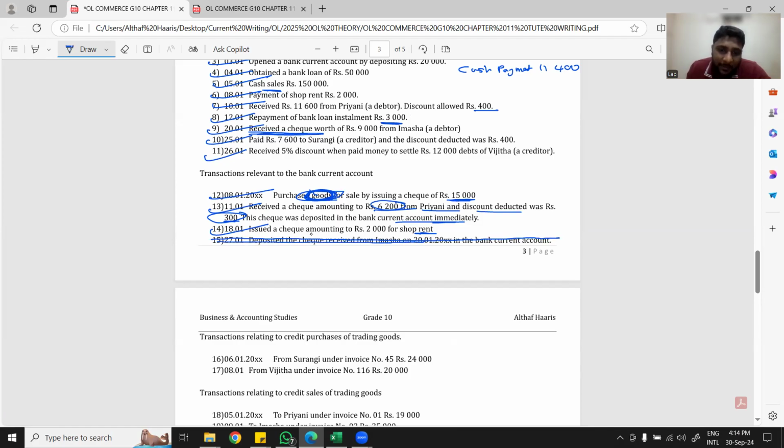In your exam, balance at last. Here I balanced it because I wanted to show the discount column. So in the exam you don't cut like this. Since we balanced the cash account, we can't record it again. You will have to erase and write it. Just cut it off, not a problem.